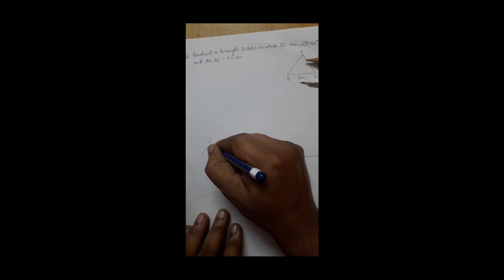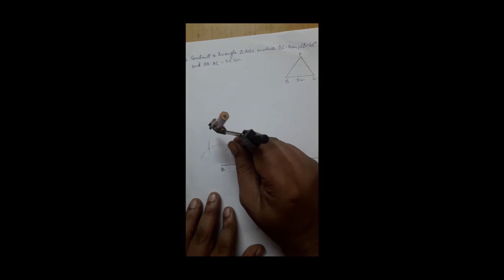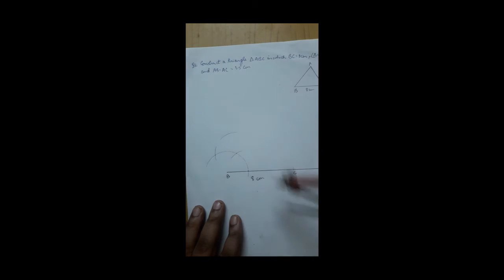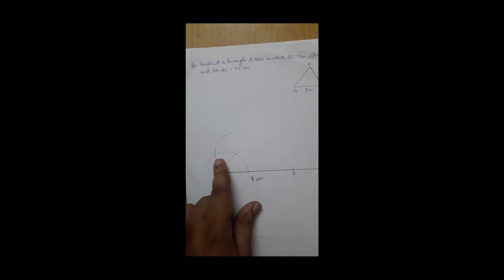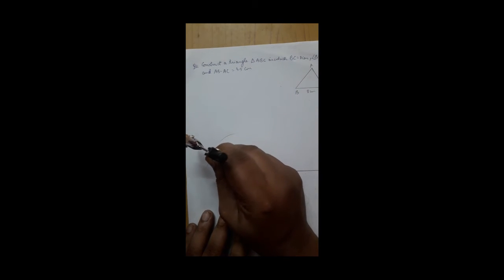Now I mark the point where the two arcs intersect, and now I will use this point to draw an arc with the same measurement this way, and I will use this point as another center to construct another arc this way.